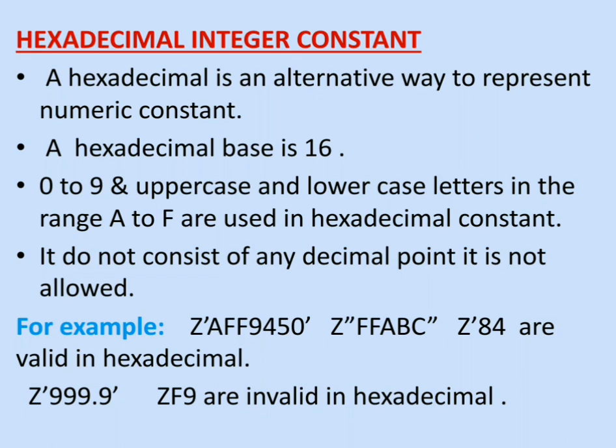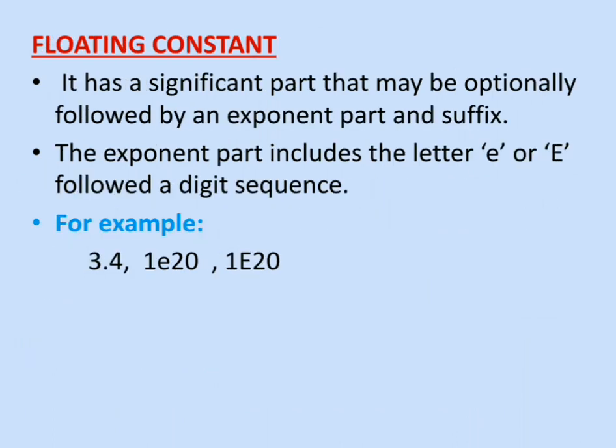A hexadecimal is an alternative way to represent numeric constants. A hexadecimal base is 16. 0 to 9 and uppercase and lowercase letters in the range A to F are used in a hexadecimal constant. It does not consist of any decimal point. Now we are going to see the second type of numeric constant, that is floating constant.